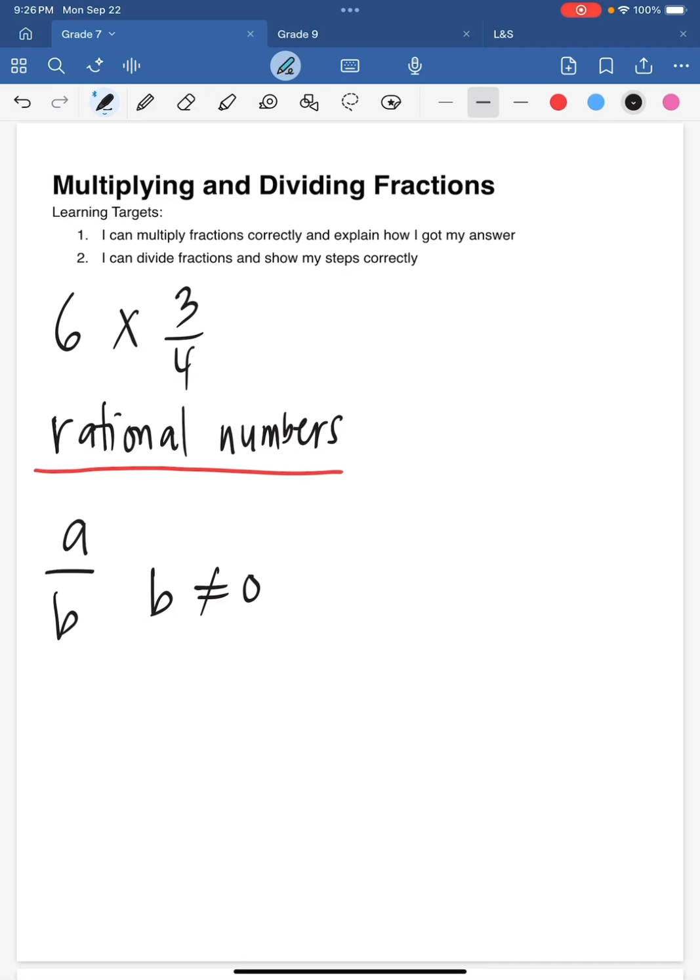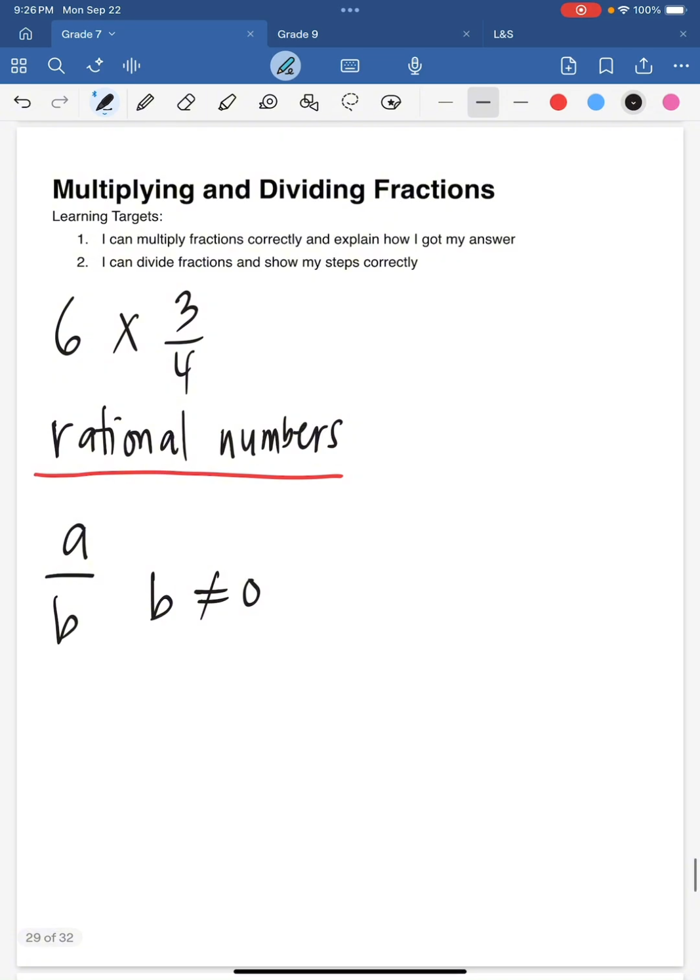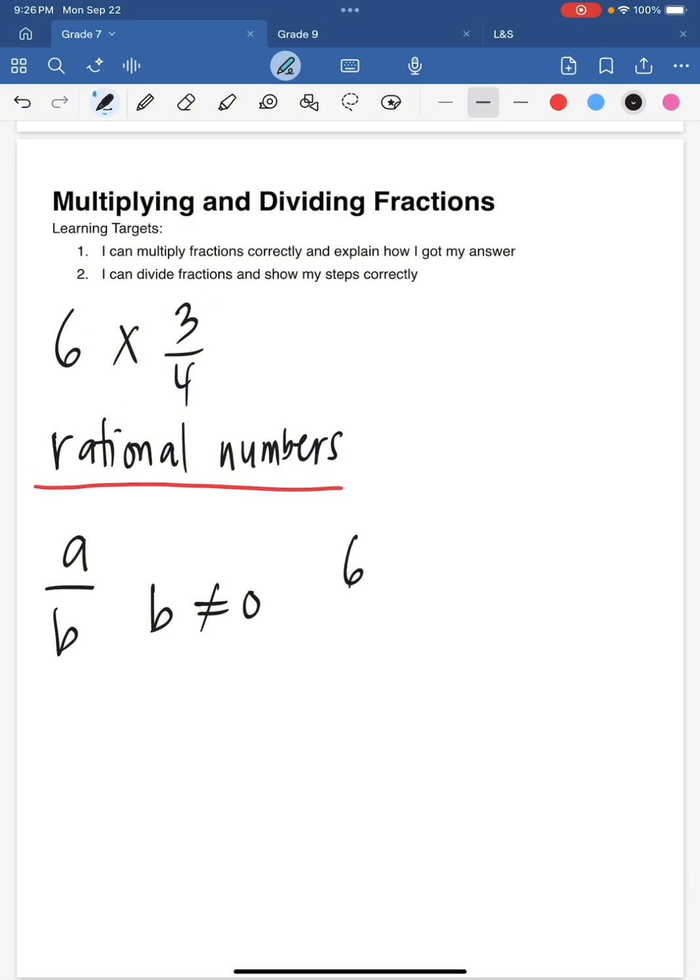Okay, so since a whole number is also a fraction, we can turn 6, our whole number here, into 6 over 1, since 6 divided by 1 is just 6.